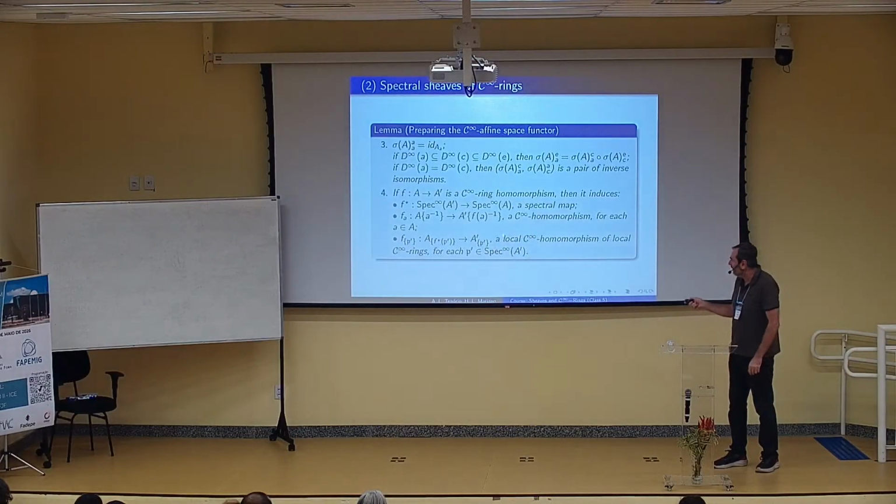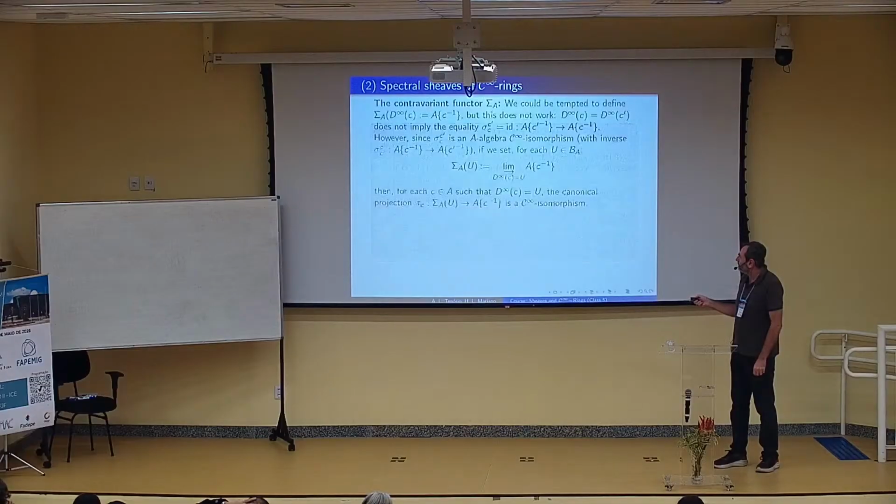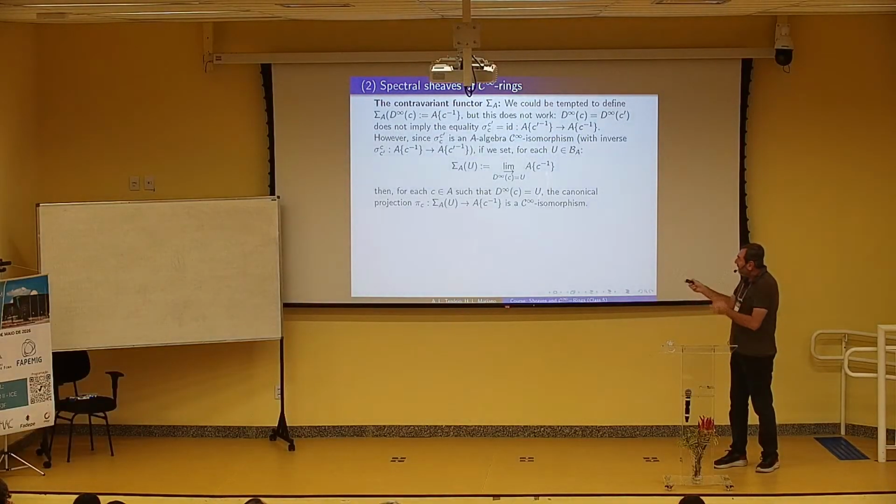Aqui é uma informação mais sobre a parte local, né? Sobre o que acontece nos pontos, né? E, bem, aqui acabou aparecendo então a expressão mais técnica, né? Como que a gente define para cada anel sem infinito A um funtor sigma A, um pré-feixe mesmo na base.